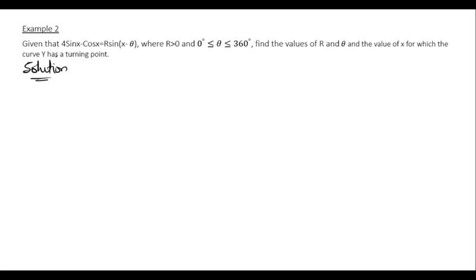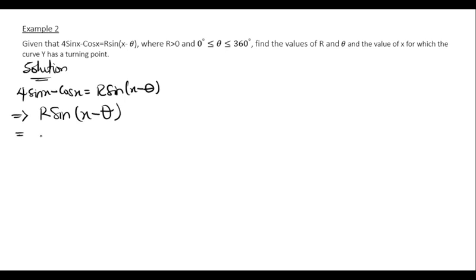So this even makes it easier for us. So the function that we have is 4 sine x minus cos x is equal to r sine into bracket x minus theta. All right, so we need to expand this. So we have here r sine into bracket x minus theta.